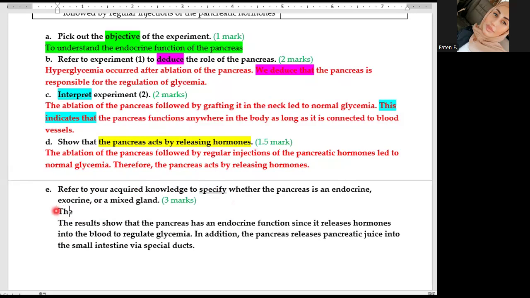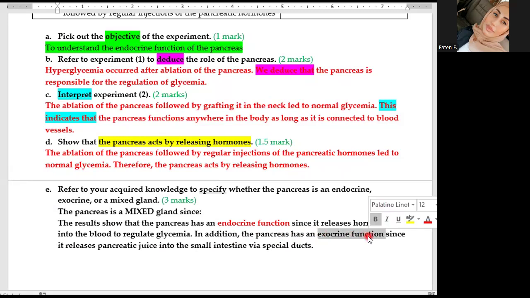So we will say here, because it has endocrine and exocrine, the pancreas is a mixed gland since the results show the pancreas has an endocrine function, this is function number one, okay, and the pancreas has an exocrine function also, since it releases, here is the exocrine function.